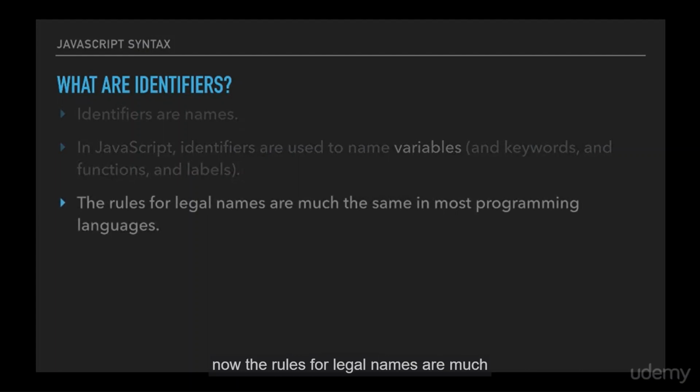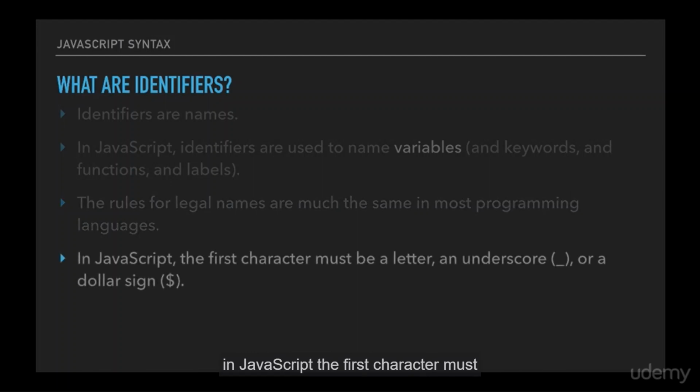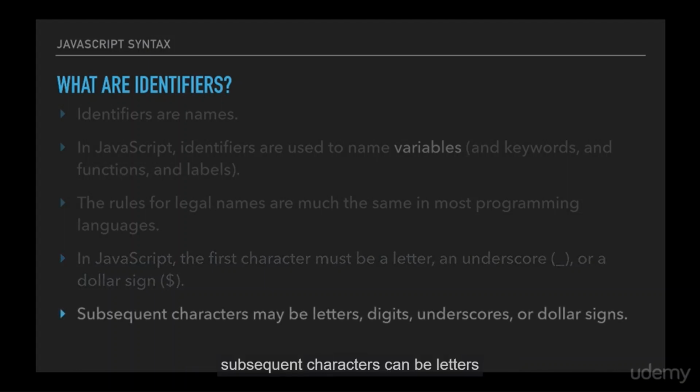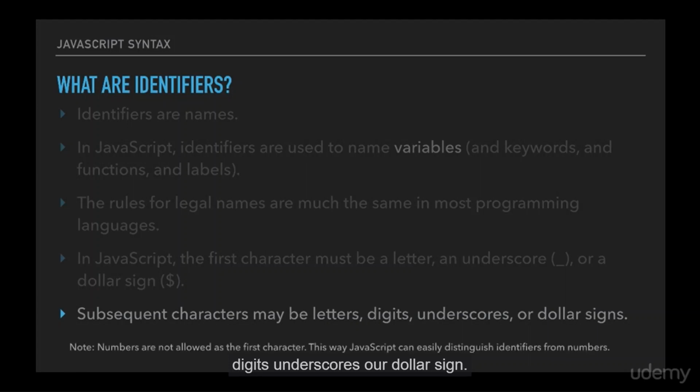The rules for legal names are much the same in most programming languages. In JavaScript, the first character must be a letter, an underscore, or a dollar sign. Subsequent characters can be letters, digits, underscores, or dollar signs. Note, numbers are not allowed as the first character. This way, JavaScript can easily distinguish identifiers from numbers.